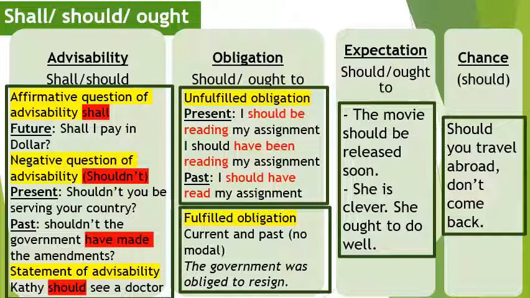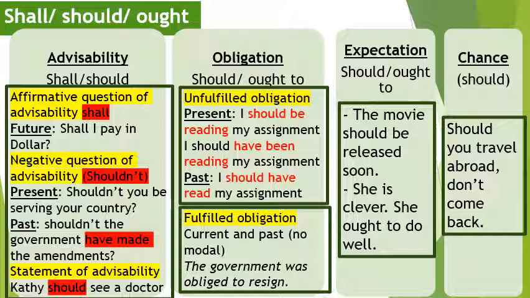Like when I say, should you go to Paris, make sure you get me a souvenir. Or should you go to the uni, just take your coat with you. If you do this, make sure you do this, or if you do this, don't forget to do this. Okay.